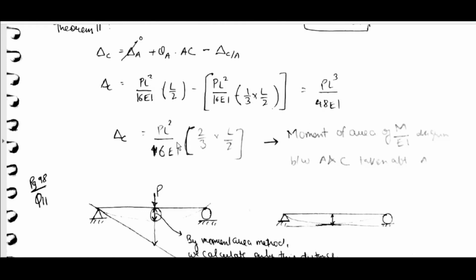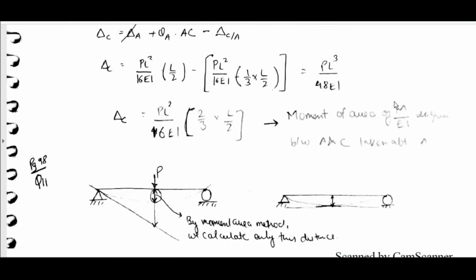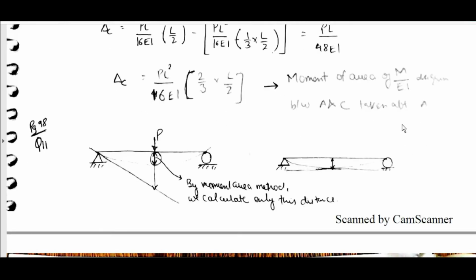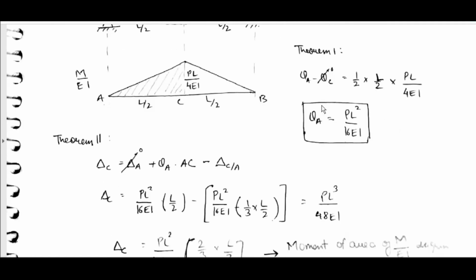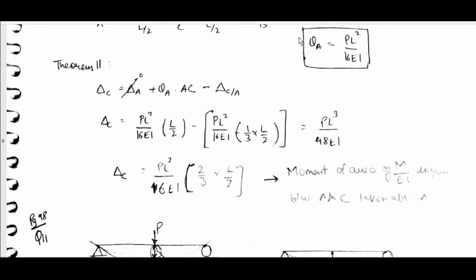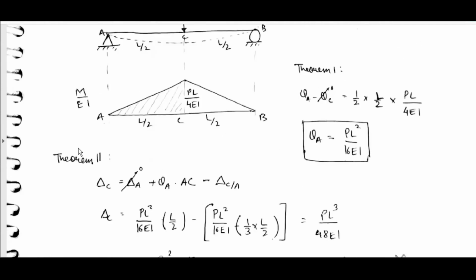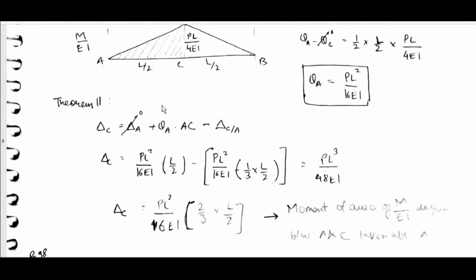Delta C is equal to PL square by 16EI into 2 by 3 into L by 2. Moment area of M by EI between A and C taken about A. Here it is taken about A.